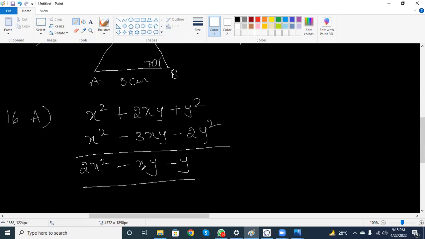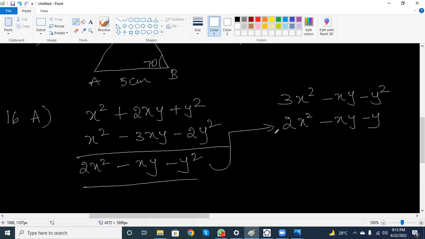Next, this sum should be subtracted from this. So from should be written first. 3x square minus xy minus y square, and 2x square minus xy minus y square. So this has to be written here. So subtraction means negative.